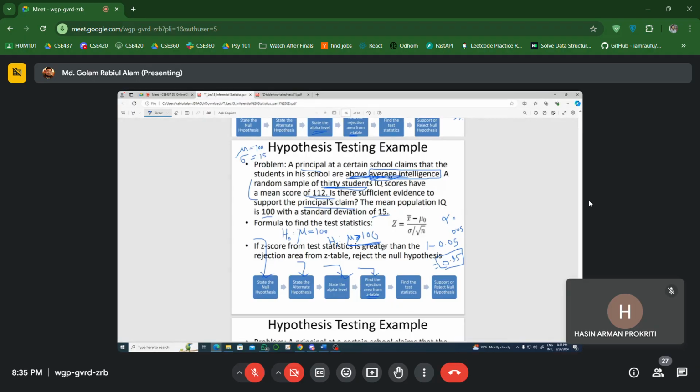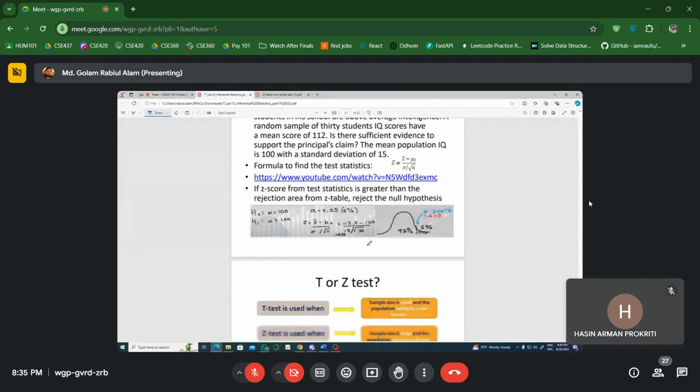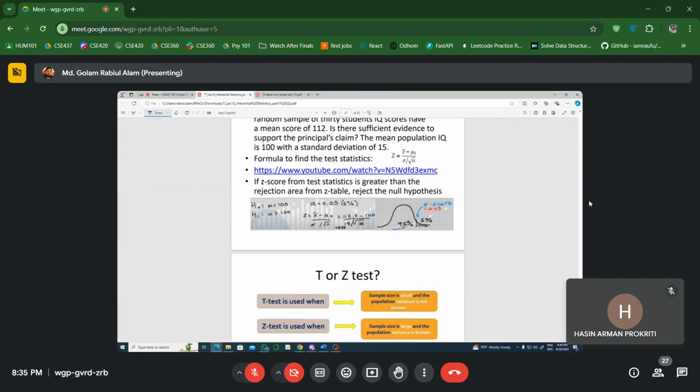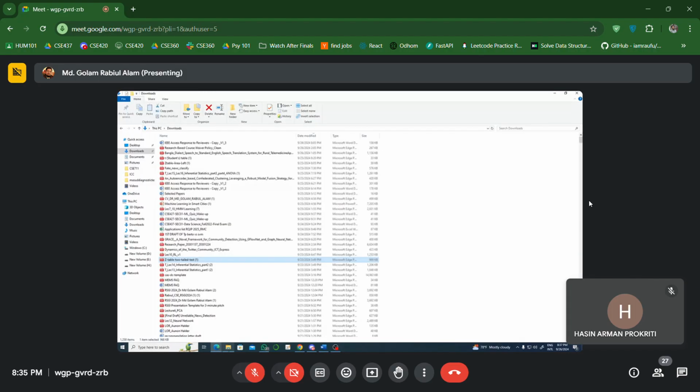Sir, it's on the right side. Yes, on the right side, so this is 95%. We have to apply a one-tail test here, and for that we have to use the Z table of one-tail test.